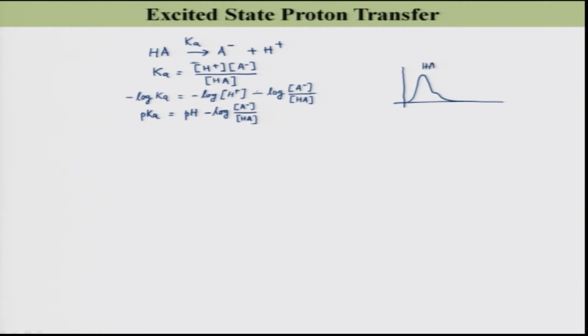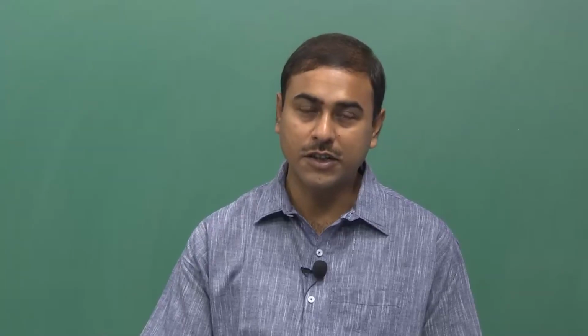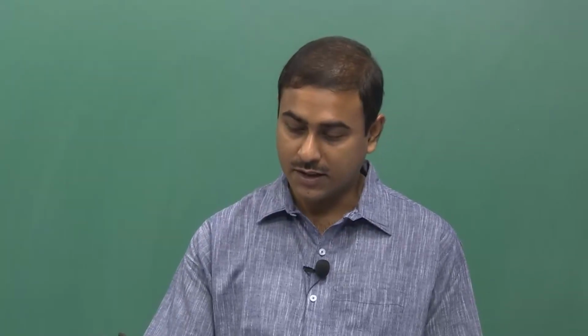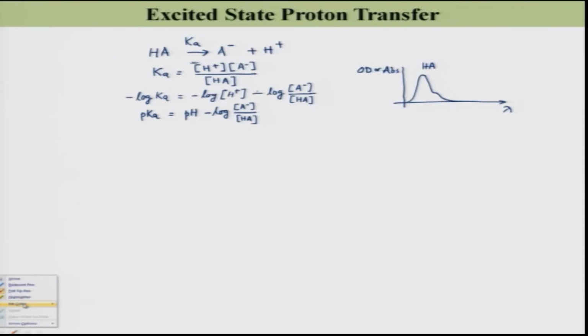If you increase the pH of the medium, more and more HA will be converted to A minus. Here I am plotting the absorbance or OD, whatever you want, it is the same thing, against wavelength. If A minus has a completely different absorption, let us say like this, the A minus absorption is something like this.